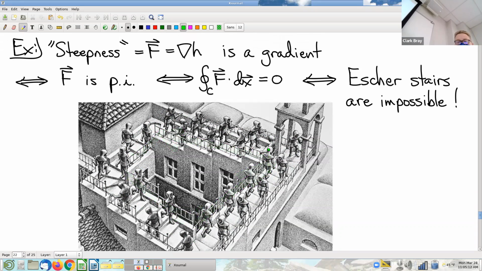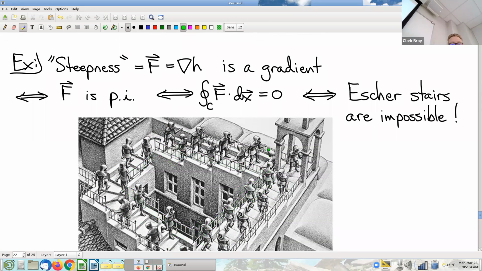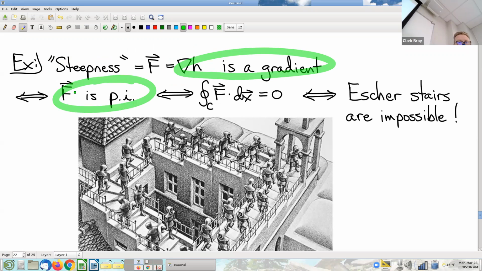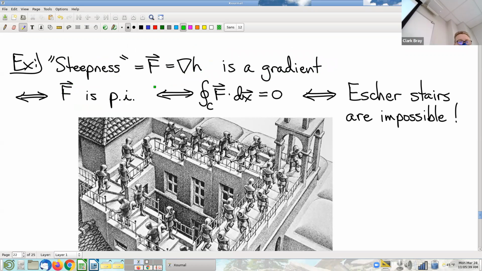nonsense. So the way we can say that mathematically is to recognize that the way we keep track of whether you're going up or down is with the gradient. And if you want to measure how much someone ascends, you do an integral of the gradient of the altitude function. Well, here's the thing. Gradients are path independent. Path independent, we saw above, means line integrals have to be 0.